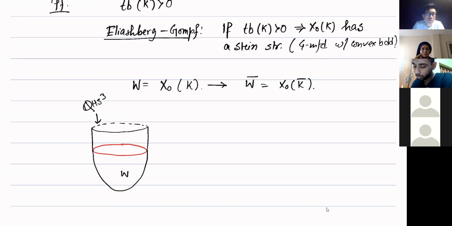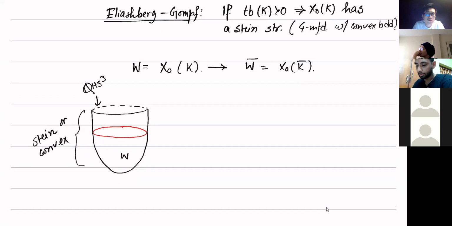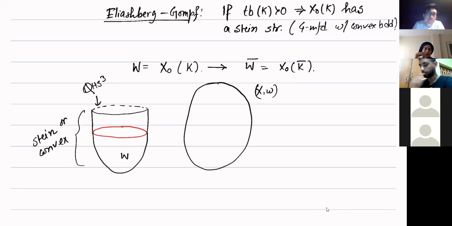If we do so, the whole thing still stays Stein or convex. On the other hand, we have this closed symplectic 4-manifold X omega.